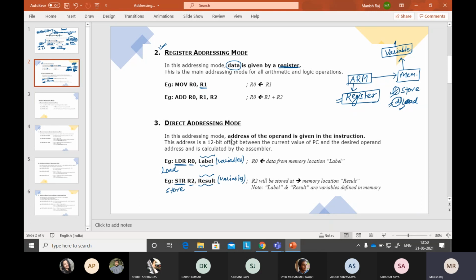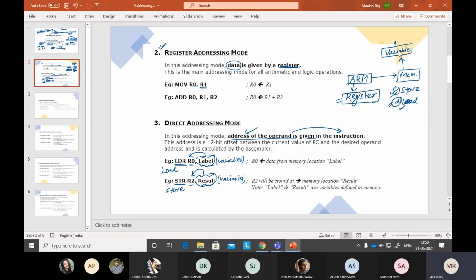You can read this part: the address of the operand is given. Please understand, here you are providing the address of the operand to the instruction. You are providing the address of the label and the address of the result. At last you will deal with data, but here you are providing only the address to the register.